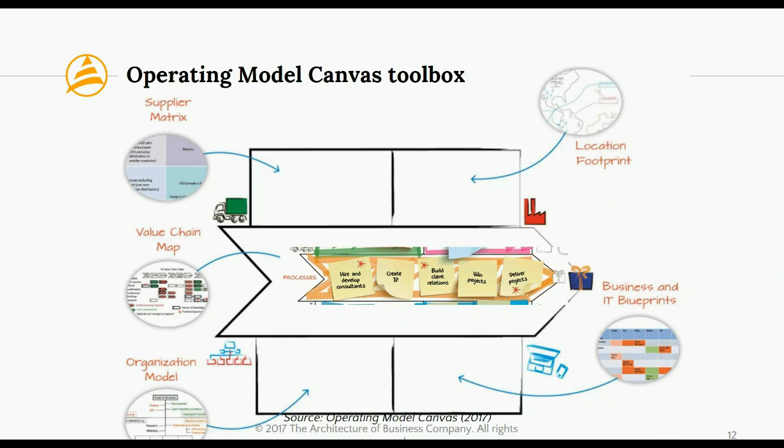Talking about location is really about making sure that the resources and assets of the organization are located in the most sensible way. They can be put closer to suppliers, closer to resources, to customers, and the way they are located will have an impact on the value delivery chain.